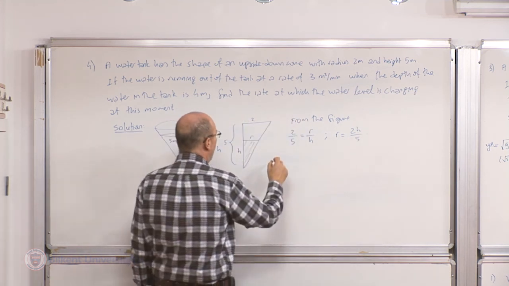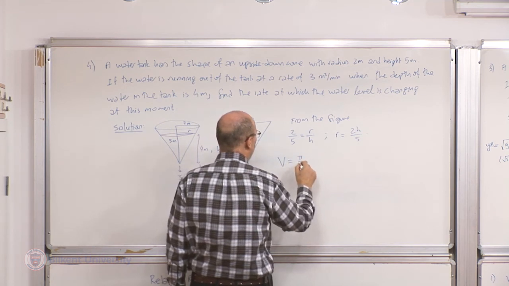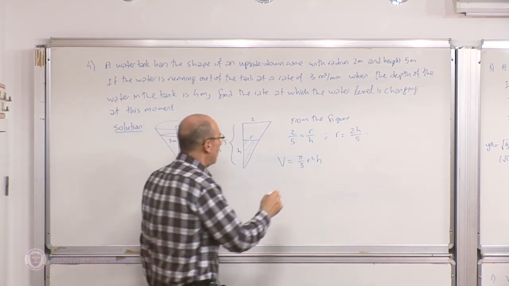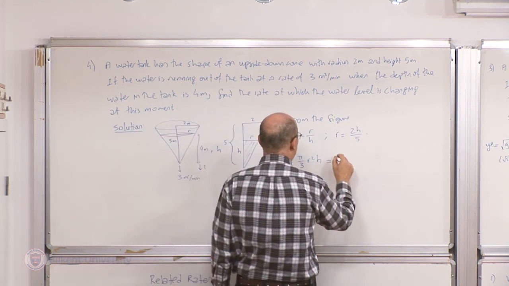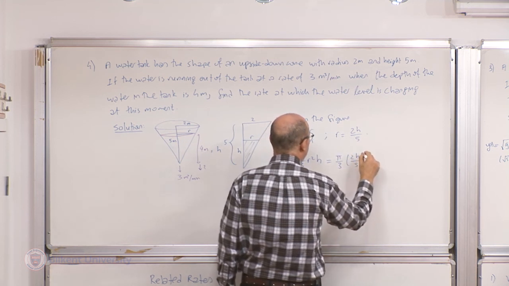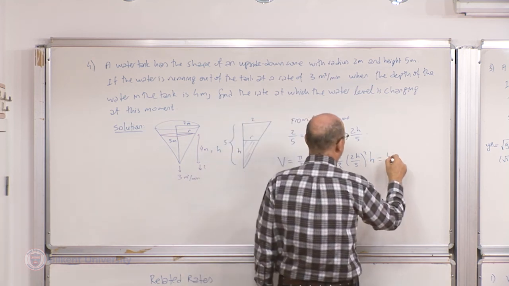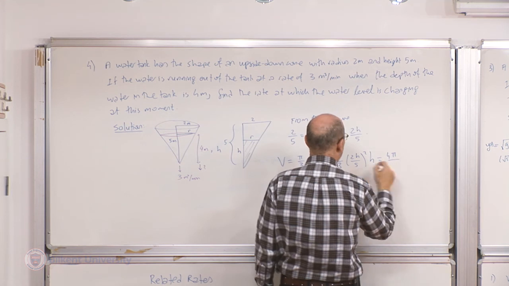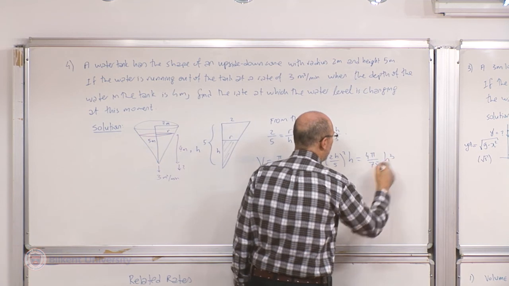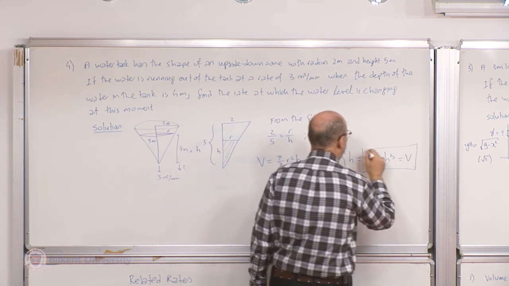So volume as a function of time is pi over 3 r squared h. I put this inside here: pi over 3, 2h over 5 squared, times h. So this is 4 pi over 75, h cubed. This is the function I have.